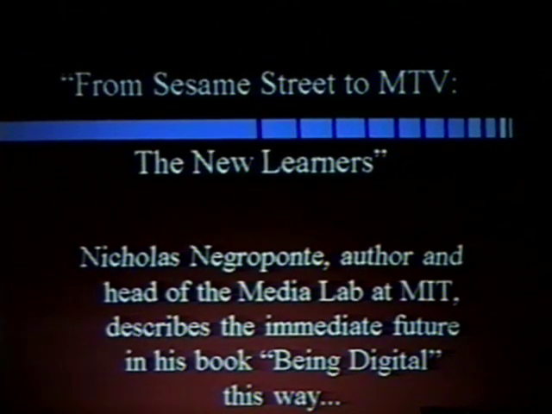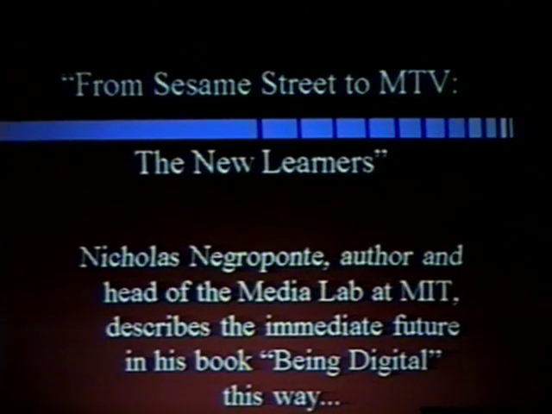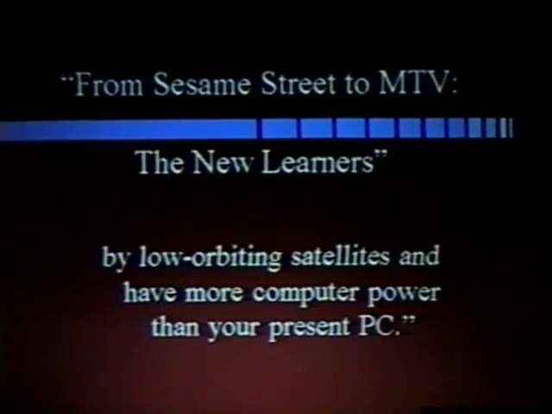Nicholas Negroponte, who's an author and head of the Media Lab at MIT, describes the immediate future in his book, Being Digital, this way. He says that early in the next millennium, your right and left cufflinks or earrings may communicate with each other by low-orbiting satellites and have more computer power than your present PC.